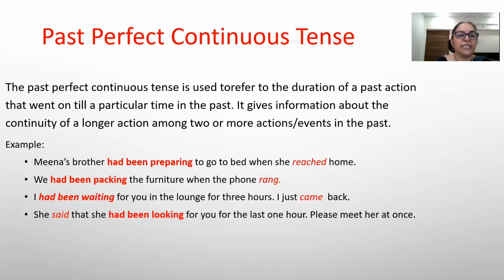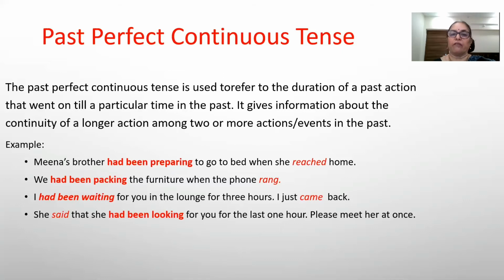Or she said that he had been looking for you for the last 1 hour. Please meet her at once. Here again, you can go back to the reported speech and understand that. She said, "I was looking for you for the last 1 hour."